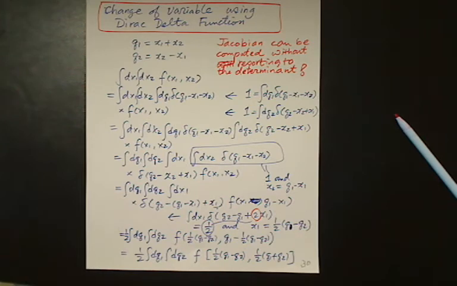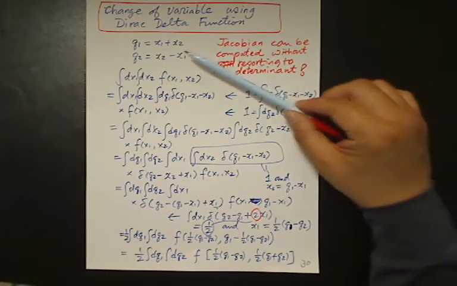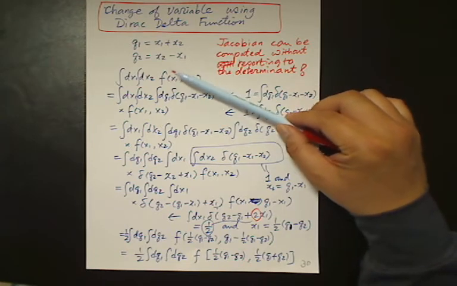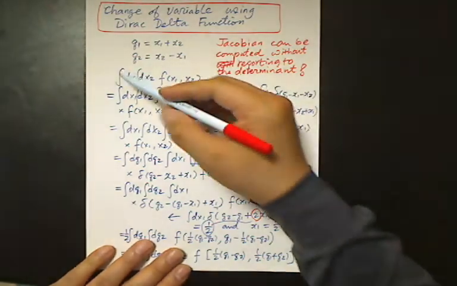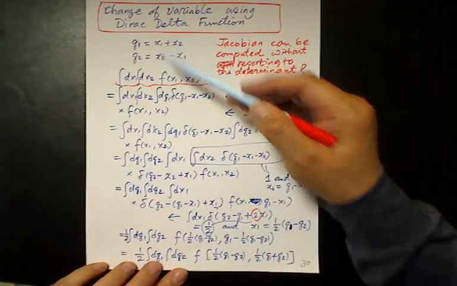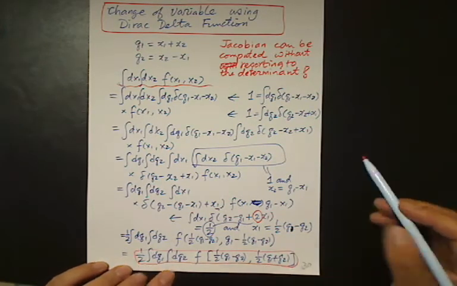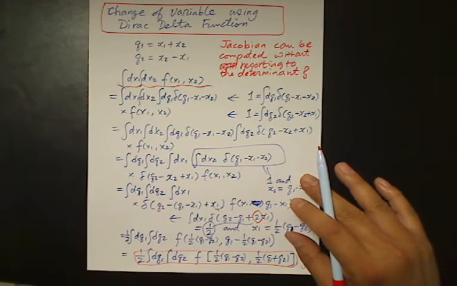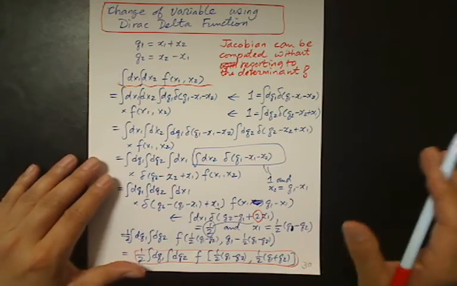Now we consider the change of variable by making use of the Dirac delta function. Suppose that we have two generalized coordinates that reproduce x1 as the Cartesian coordinates. However, this is the original integral involving x1 and x2. We can compute the Jacobian to find out the integral is in this form. However, the Dirac delta function can be used without resorting to the determinant.